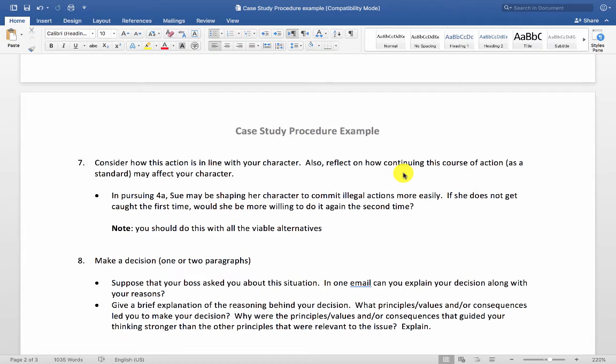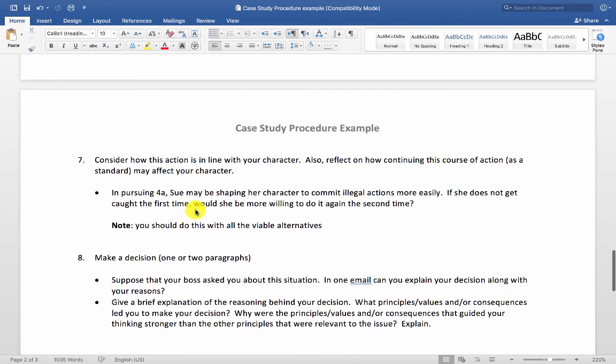So what you want to think about is how 4A, for example, 4B and 4C may affect your character. What kind of person would you become? So in pursuing 4A, Sue may be shaping her character to commit illegal actions more easily. If she does not get caught the first time, would she be more willing to do it again the second time? Right? And then you do this all with 4B and 4C.